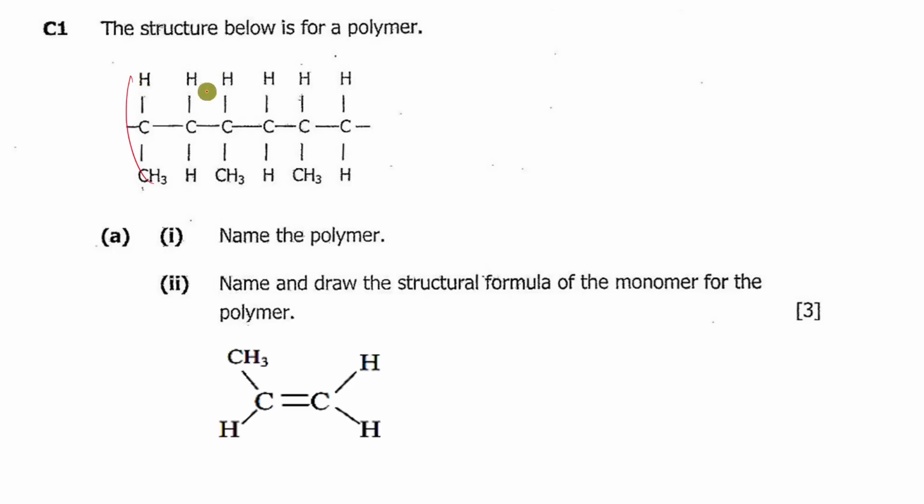This is a monomer, the same one repeating. So just pick this one which is repeating, C, C, here we have CH3, then CH, then H there, then H there.